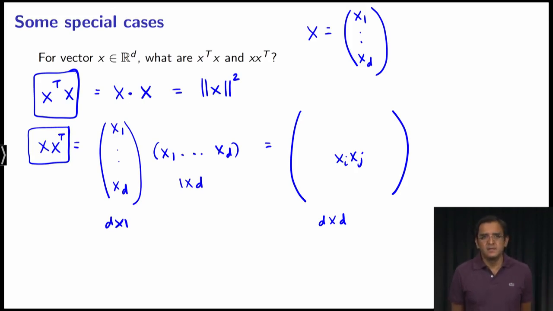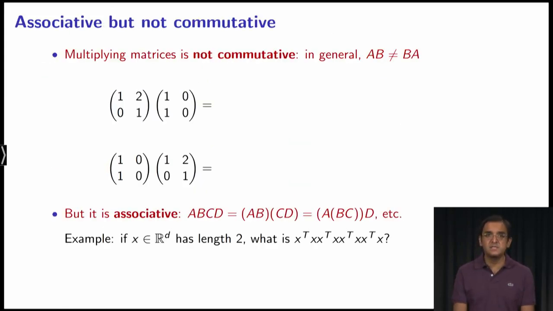So this really goes to show that you cannot change the order in which things are multiplied. This is a very general and important property of matrices. In general, matrix multiplication is not commutative. AB is not the same as BA, unless you get lucky.